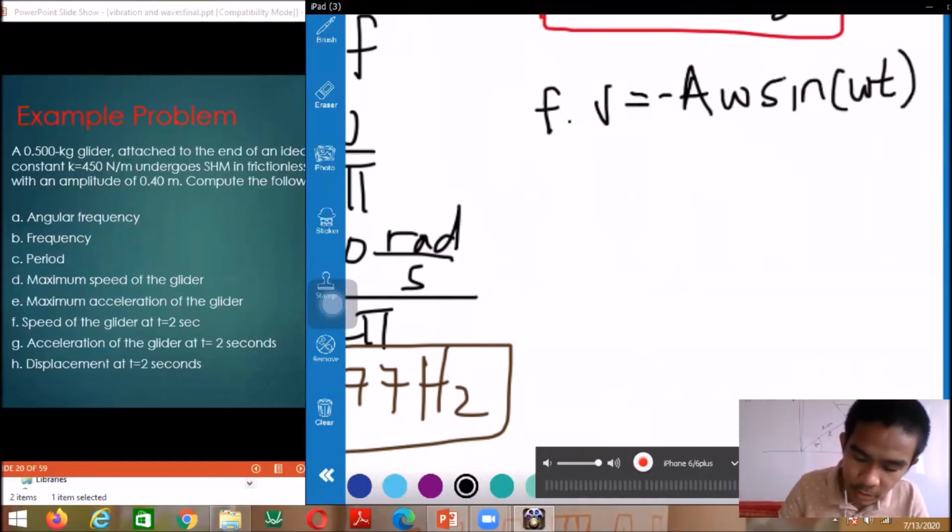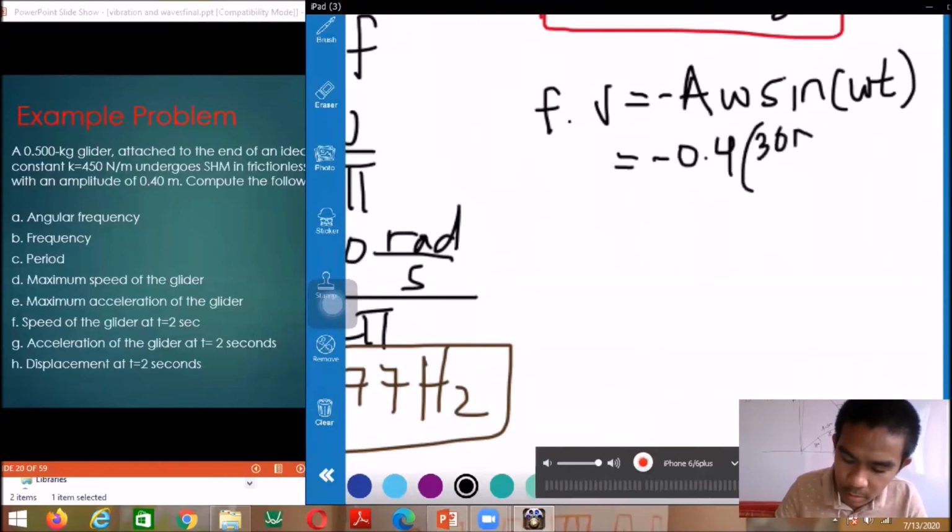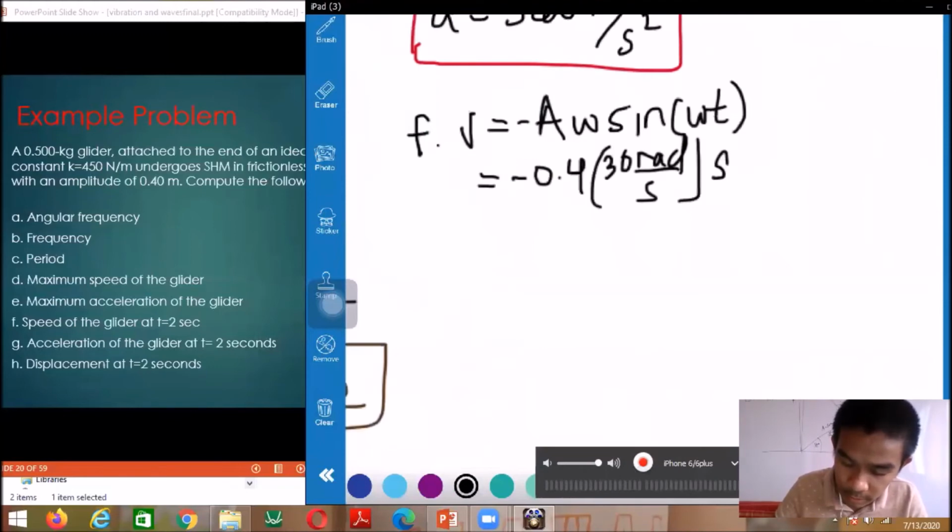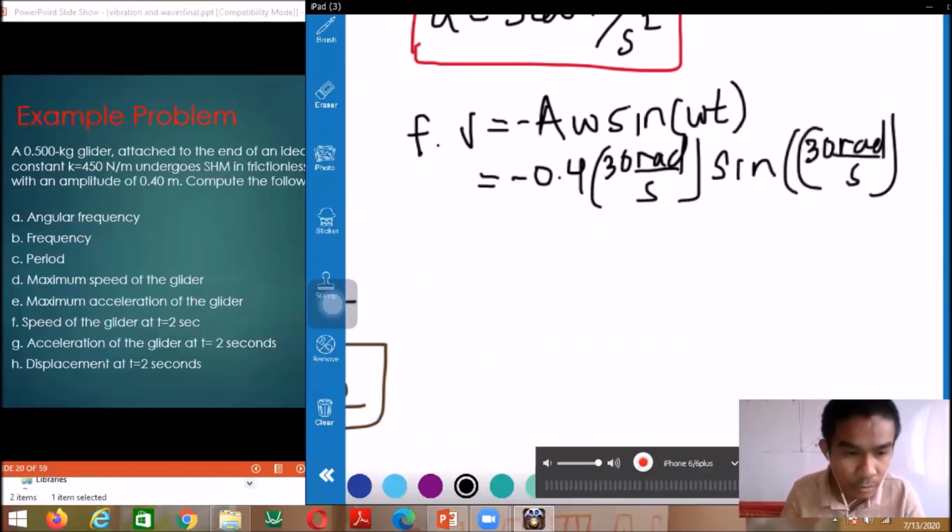And that is equal to negative 0.4 times 30 rad per second times sine of 30 rad per second times 2 seconds.